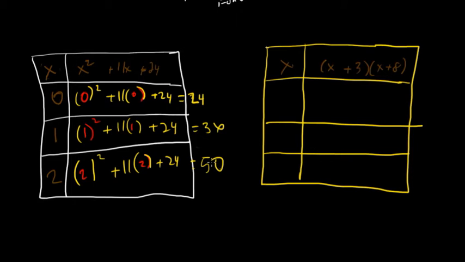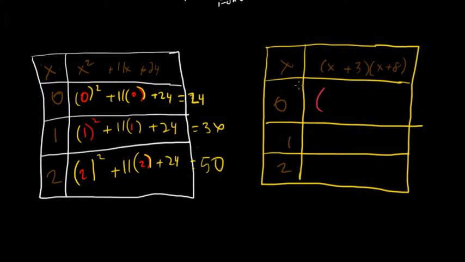Okay, so now that we have our values here, let's go ahead and see if we get the same values for x is equal to 0, 1, and 2 in our factor form to prove that these are equivalent. If we do, then we can go ahead and say that the factor form is equivalent to the original expression. Okay, so we'll put our 0 in for x that we see.